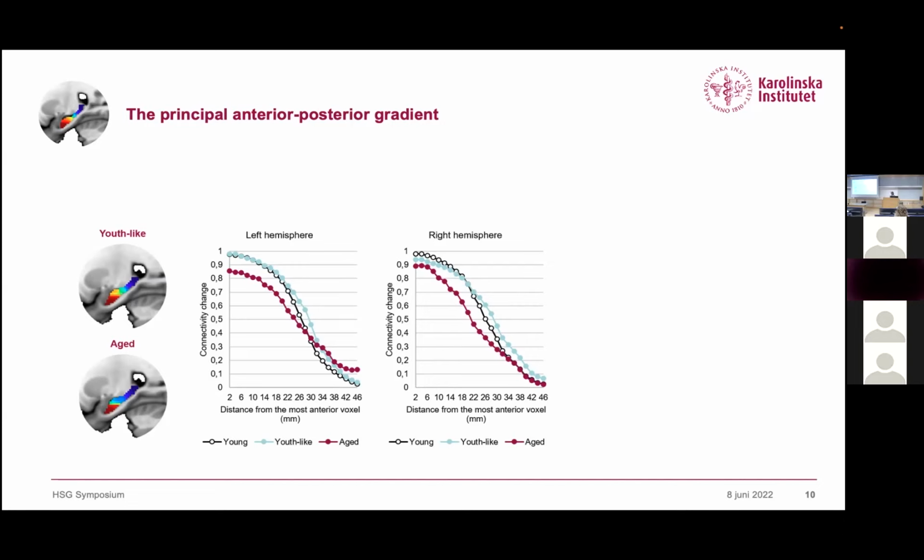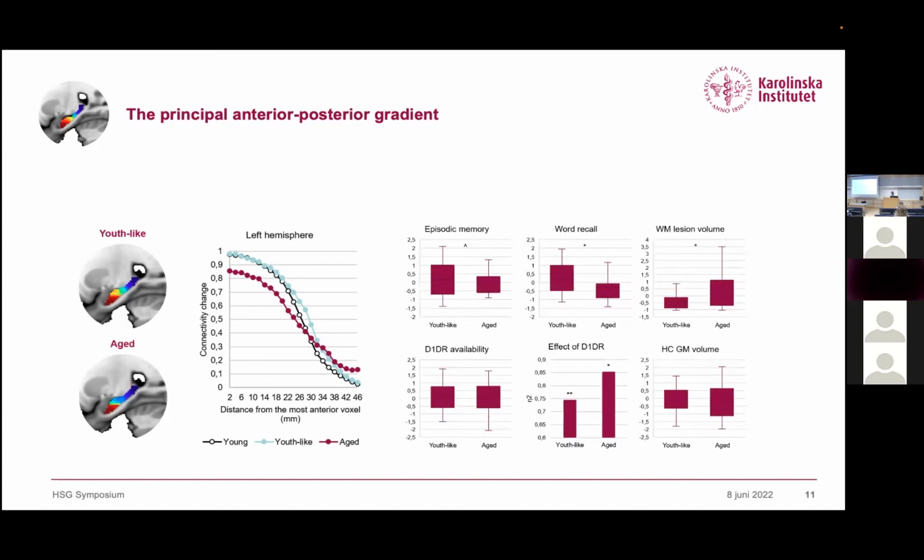And importantly, we wanted to know if this has any bearing on episodic memory. And while they only differed at trend level for our composite episodic memory score, which consists of word recall, number word associative recall, and object location recall, they did differ significantly on the word recall subtest specifically.